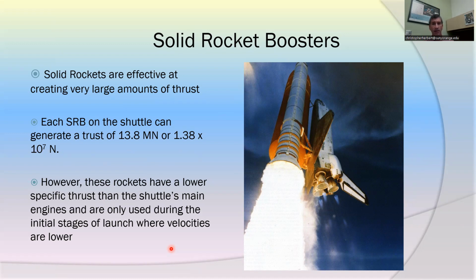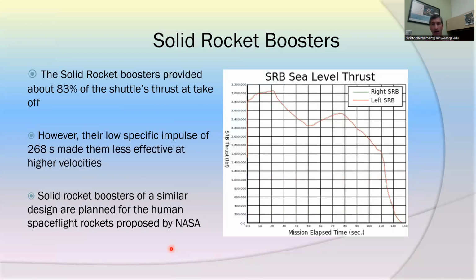Once we start going into the higher velocities, the thrust will drop off very dramatically. Now, for the shuttle, the solid rocket boosters provide about 83% of the initial thrust at takeoff. For Artemis, it's probably pretty close to the same, but the low specific impulse makes them ineffective once we get the rocket going.